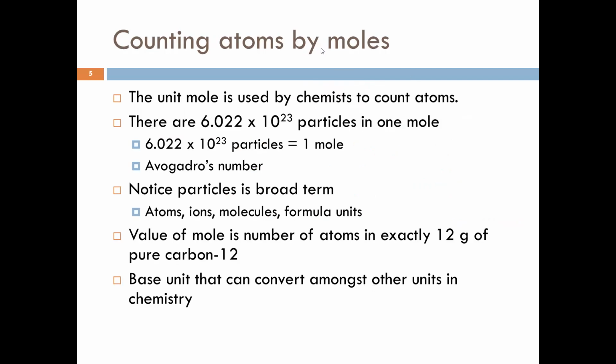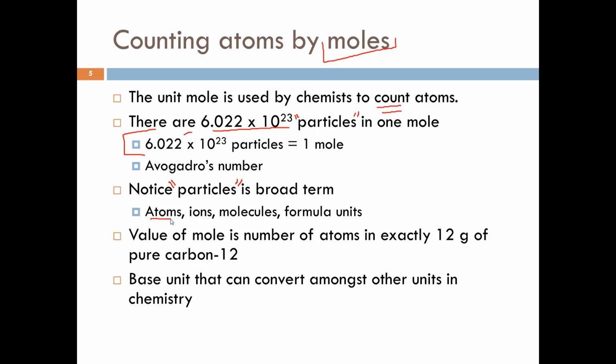So let's talk about the unit moles. The unit mole is used by chemists to count atoms. There are 6.02 times 10 to the 23rd particles in 1 mole, which gives us a conversion factor here. This is called Avogadro's number. Notice that the term particles is very broad.